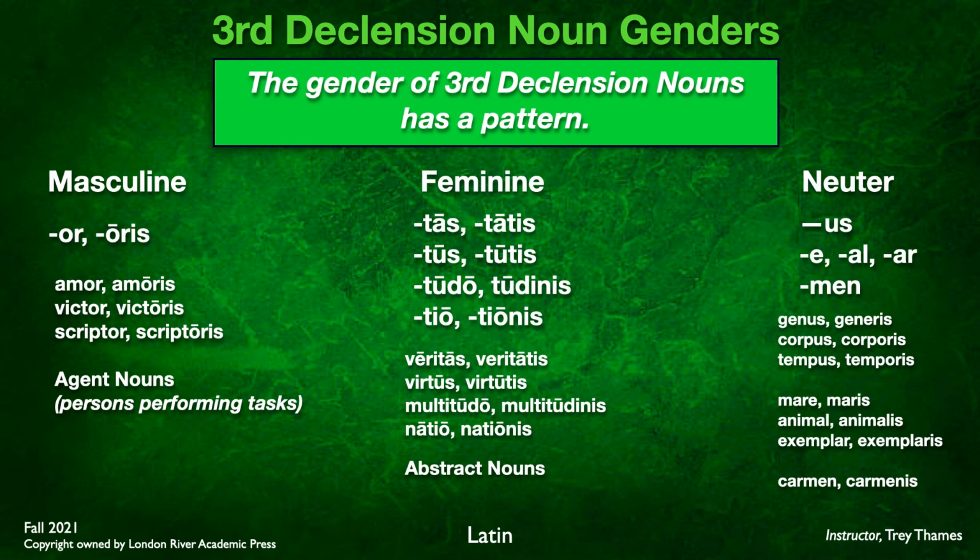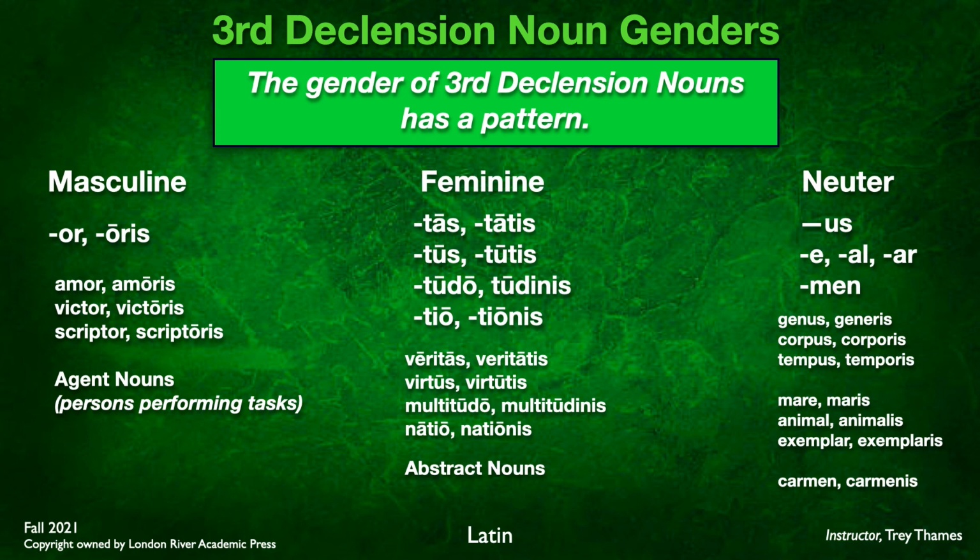So here are some examples. Genus, generis, meaning type or class. We get the word genus from this. Corpus, corporis. This is, again, neuter. We saw this in an example a minute ago. Body is the definition. Tempus, temporis, meaning time. Then you've got mare, maris, meaning sea. Animal, animalis, means animal. Don't confuse this with animus, which means mind or spirit or soul. And exemplar, exemplaris, which is a pattern or mold.